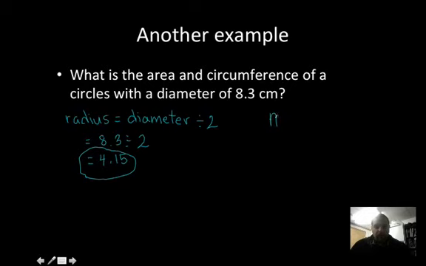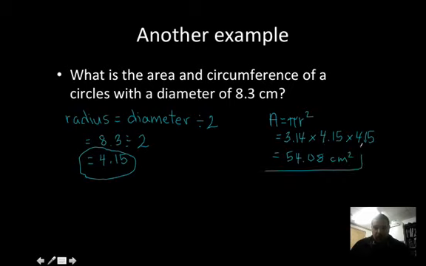First, for area, area again is equal to pi times radius squared, 3.14 for pi, multiplied by a radius of 4.15, and then multiply it by 4.15 again to get the radius squared, and this time we get an answer of 54.08 centimeters squared. And here we have our area.